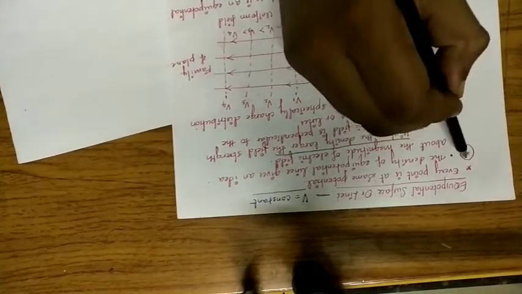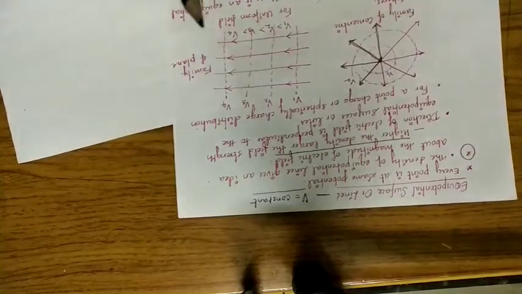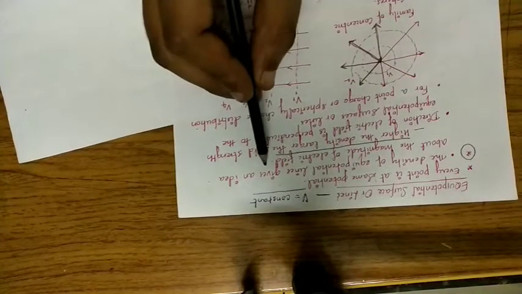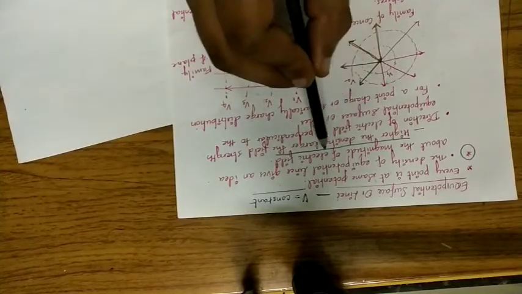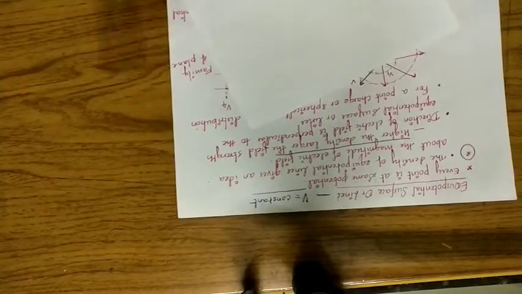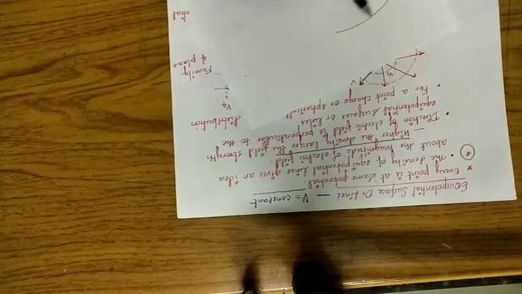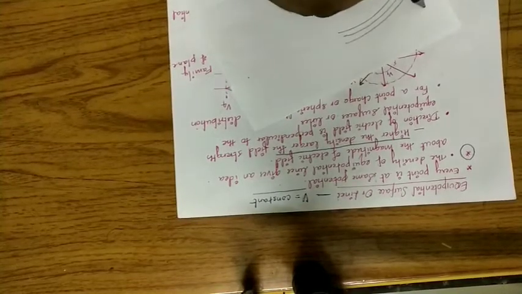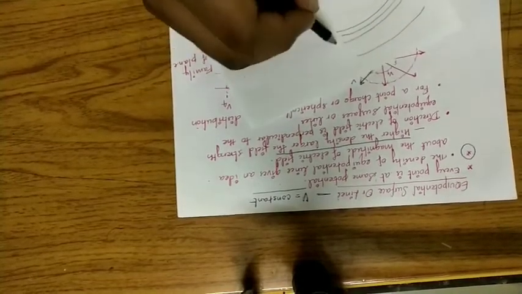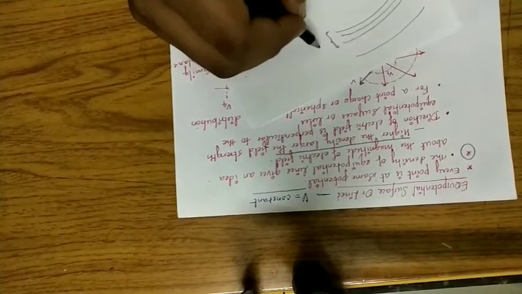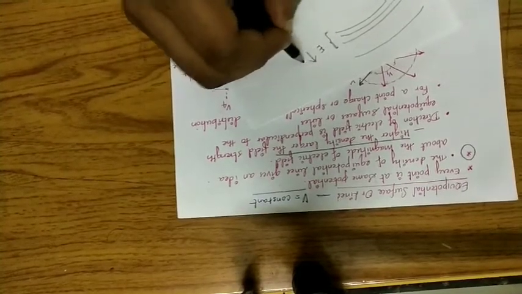The major importance of this concept is that the density of equipotential lines gives an idea about the magnitude of the electric field. If I say this is one equipotential surface, here these equipotential surfaces are close together, so the electric field here is higher.